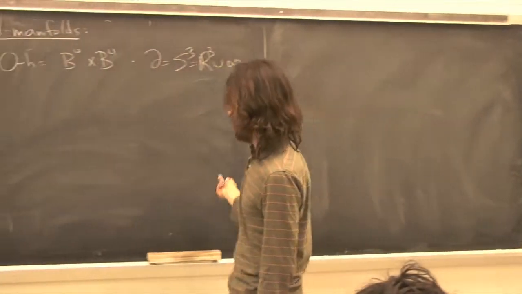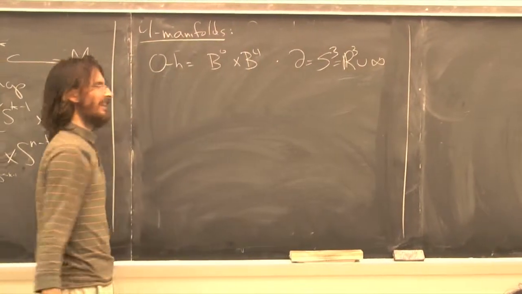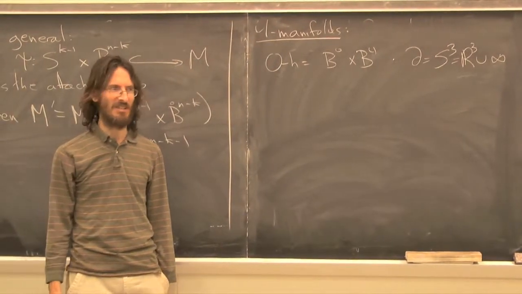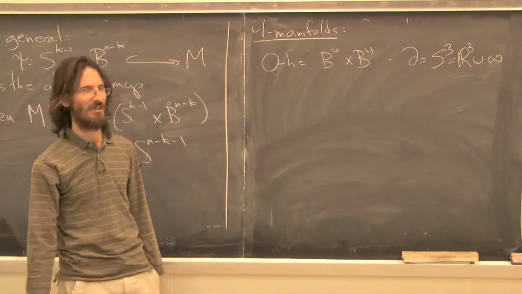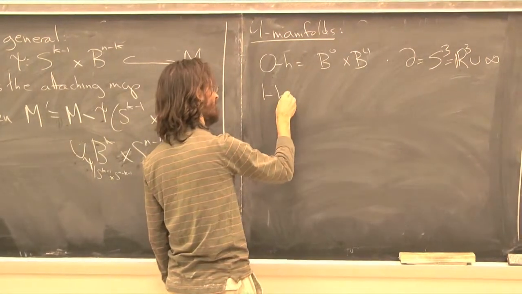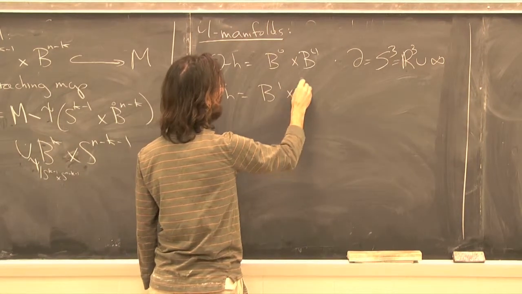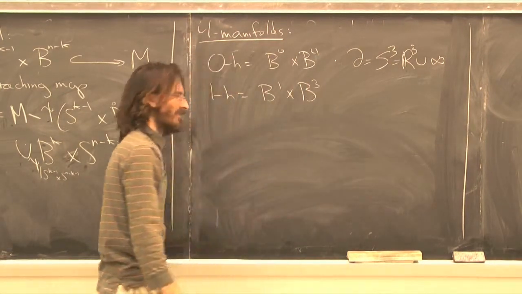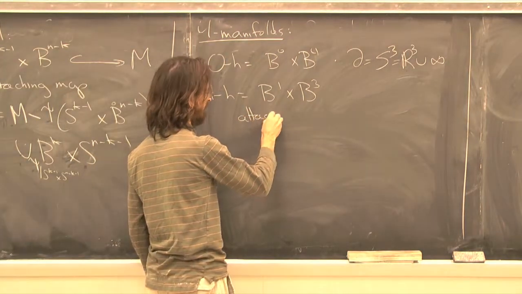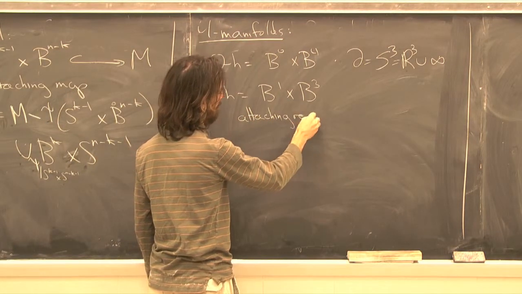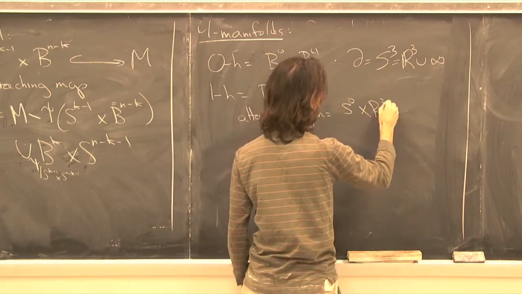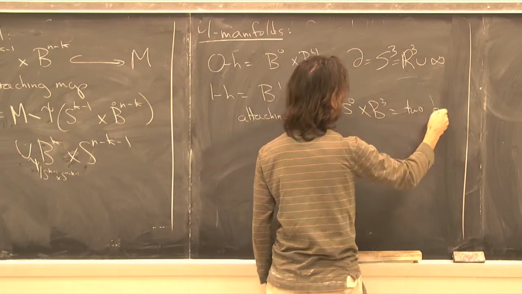So again, we'll assume that all attaching maps except the final four handle miss infinity. Okay, so then we draw all pictures inside R3. And then a one handle is B1 cross B3. Now we can't draw the thing itself, but we can draw the attaching region, which is S0 cross B3, just two balls.